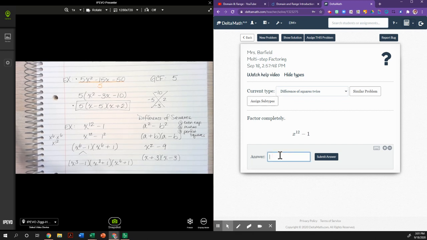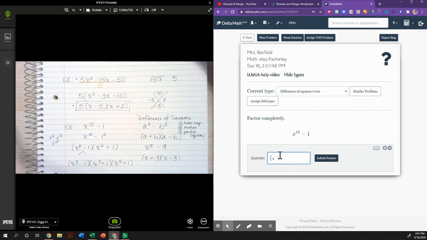So let's type this in. So parentheses x to the 3rd power minus 1, parentheses. Okay, I'm going to actually copy and paste this. Oops, it didn't work. Hang on. Parentheses x to the 3rd.